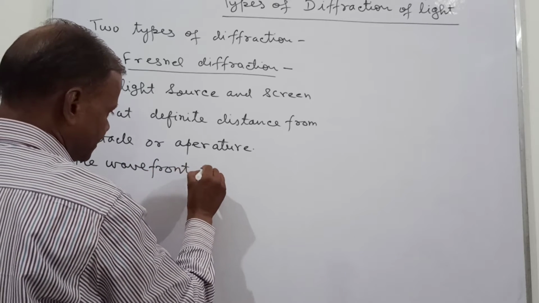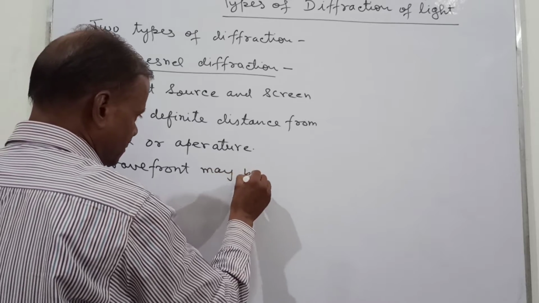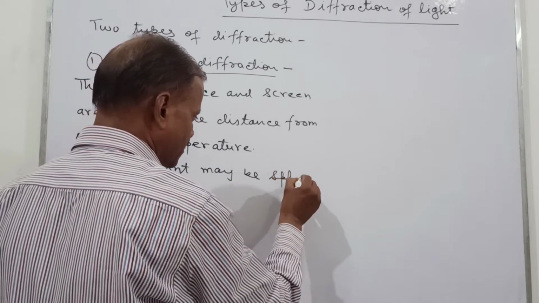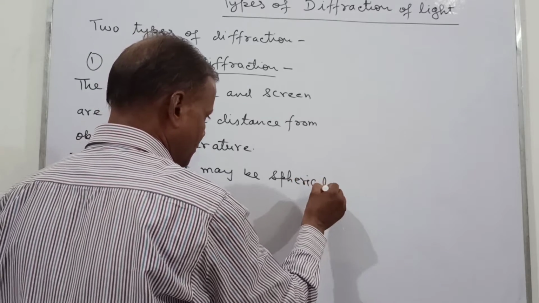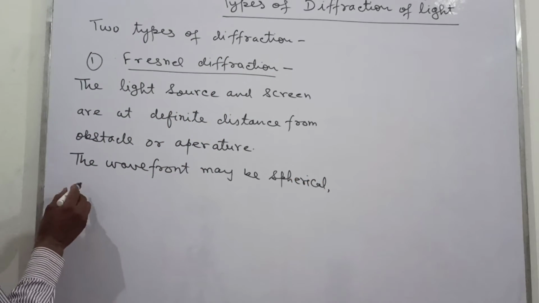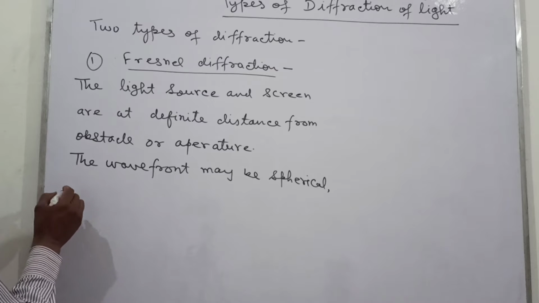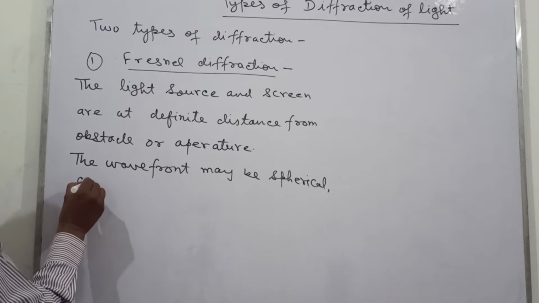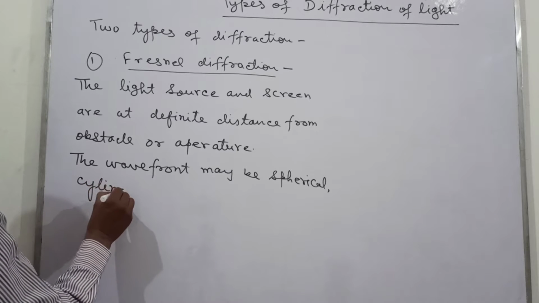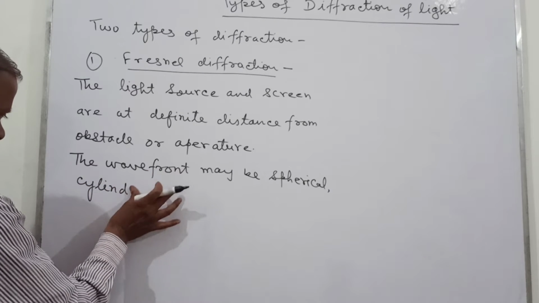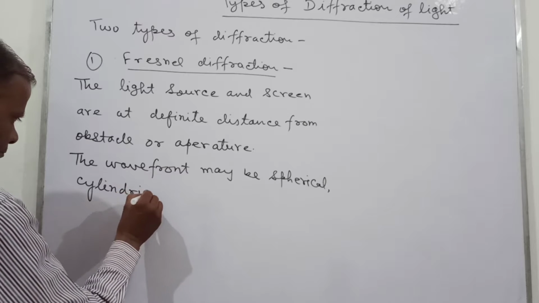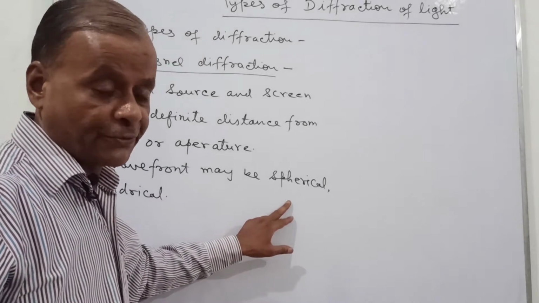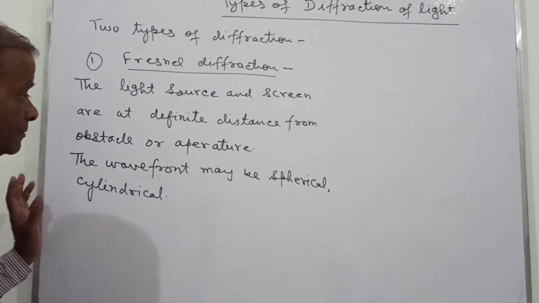The wavefront may be spherical or cylindrical. So only two kinds of wavefronts are there, spherical and cylindrical.